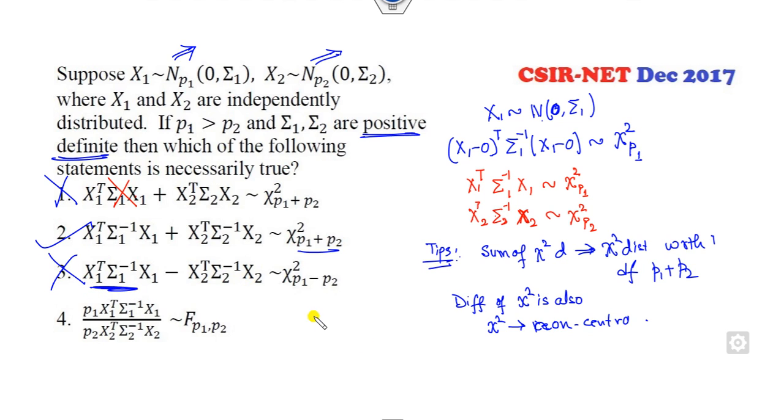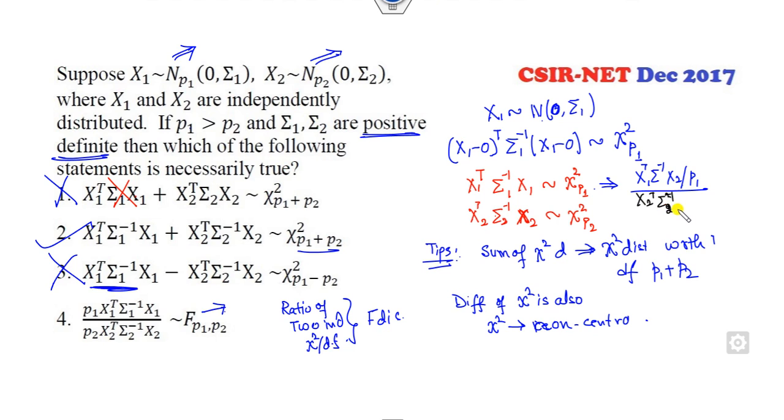Now, when will the F distribution hold? When the ratio of two independent chi-square distributions, each divided by its degree of freedom, is taken, it is called an F distribution. Now look at that. What is the degree of freedom of this? So x1 transpose sigma inverse x1 divided by p1, divided by x2 transpose sigma inverse x2 divided by p2, follows my F distribution with p1 and p2.